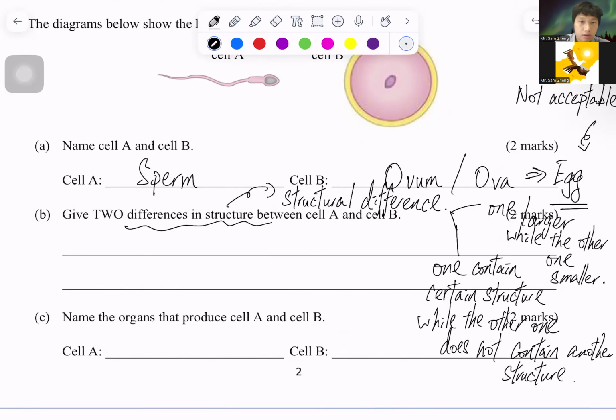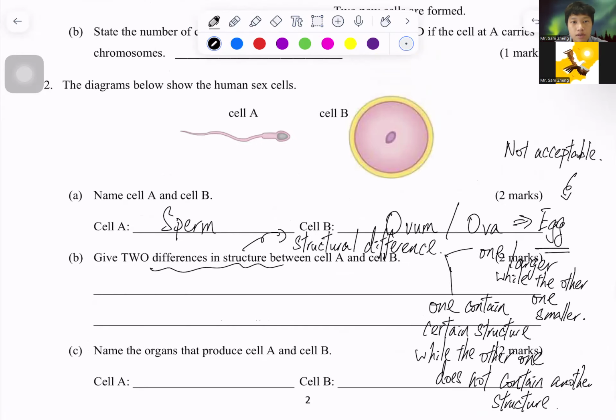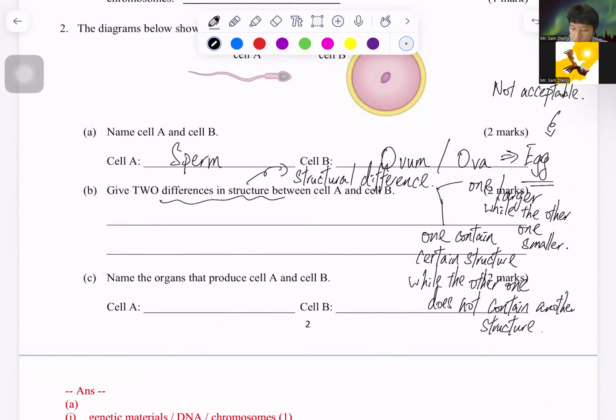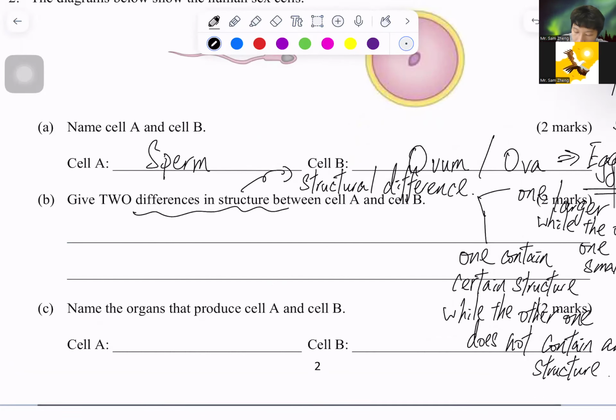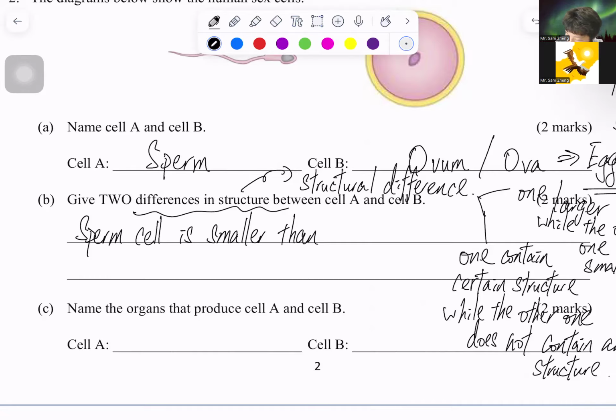First of all, we notice that cell A, the sperm cell, is a lot smaller than cell B. So one of the structural differences we can give here is that the sperm cell is smaller than the ovum cell.